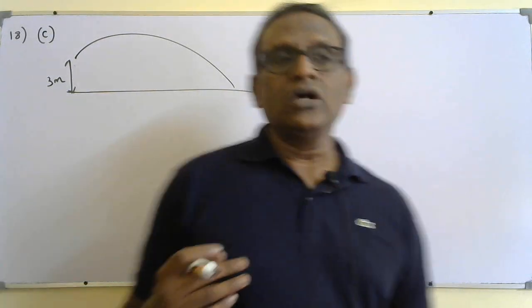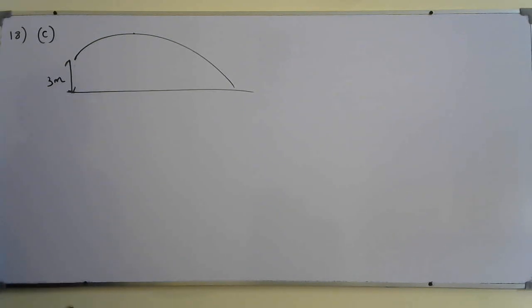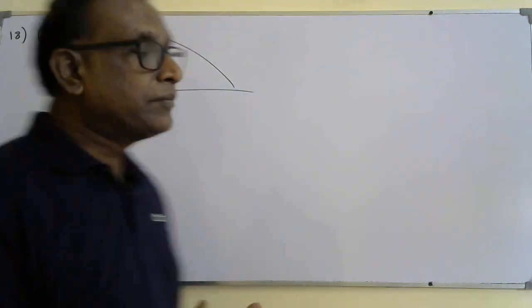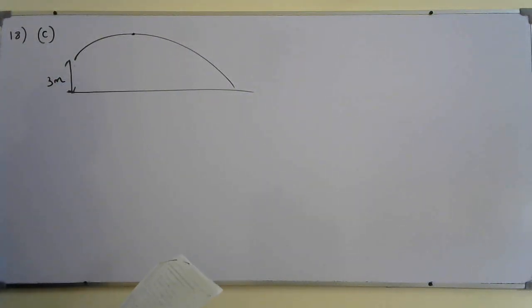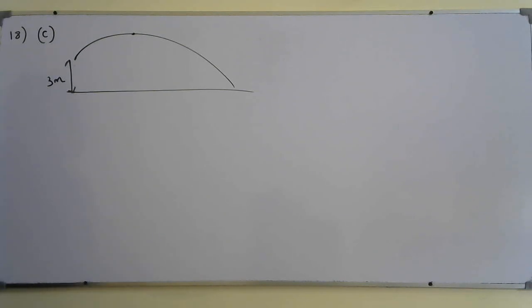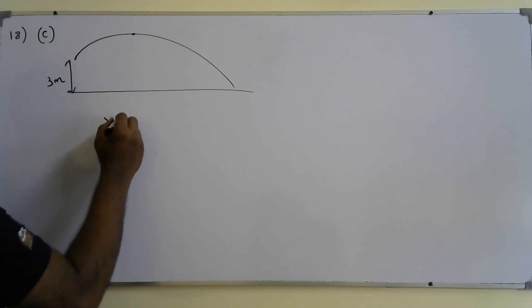So therefore his maximum height will decrease because he is going to have larger deceleration. So the maximum height he is going to reach is going to decrease. Also, the time taken to reach the highest point will decrease because you can see V equal U plus AT.